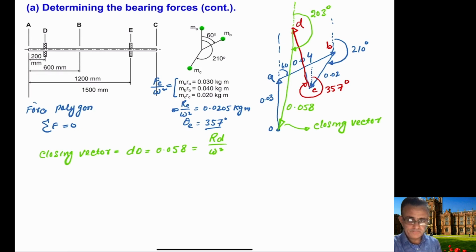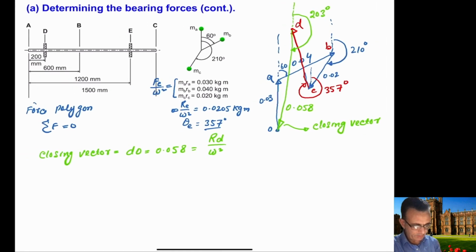We can calculate omega square because we are given omega, which is 1000 RPM. You will need to convert this into radian per second, so it will be 1000 times 2 pi divided by 60, and it is squared. So you will get 10966 radian per second.